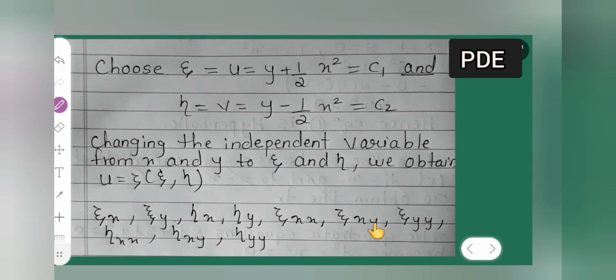So it is 1 upon 2, x square becomes 2x, so it will become 2x upon 2. The 2 will get cancelled, and what is going to remain is nothing but x.